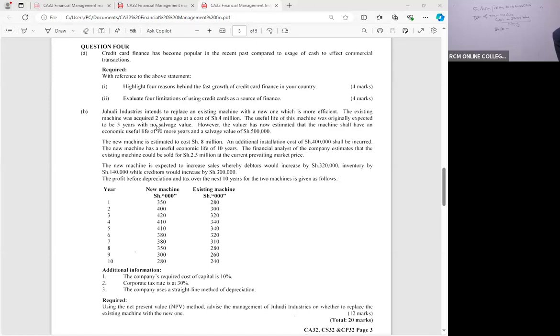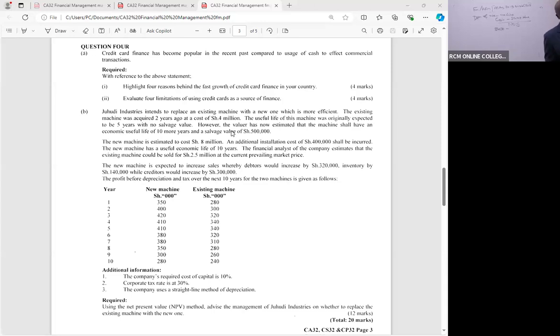The existing machine was acquired 2 years ago at a cost of 4 million. The useful life of this machine was originally expected to be 5 years with no salvage value. However, the value has now been estimated such that the machine shall have an economic useful life of 10 more years and a salvage value of 500,000. You see, the existing machine has a salvage value.